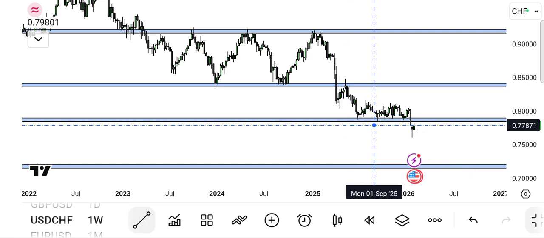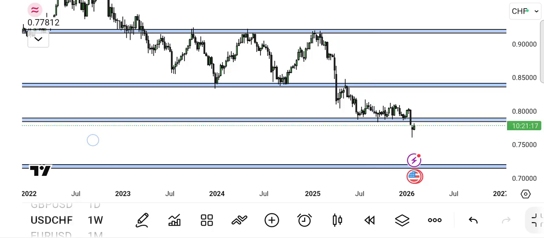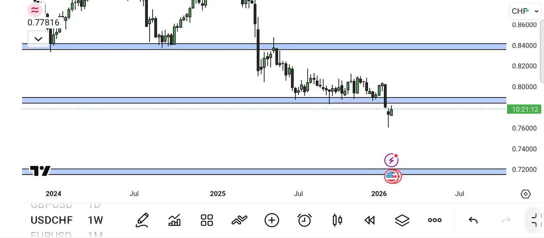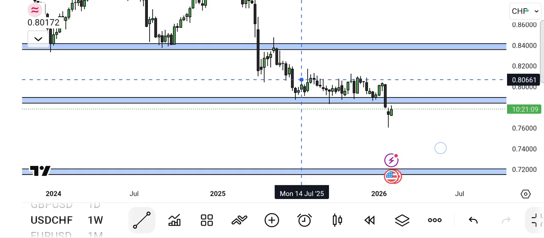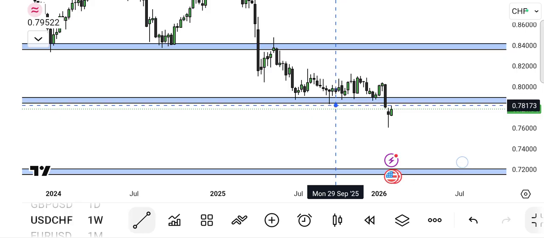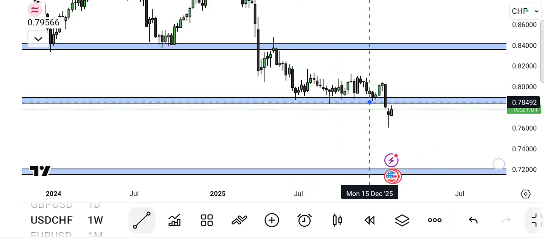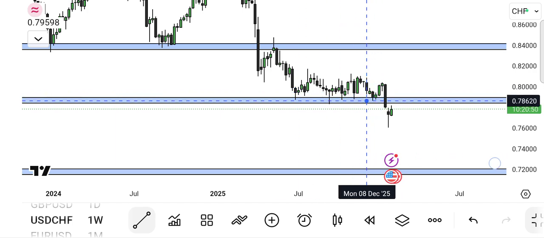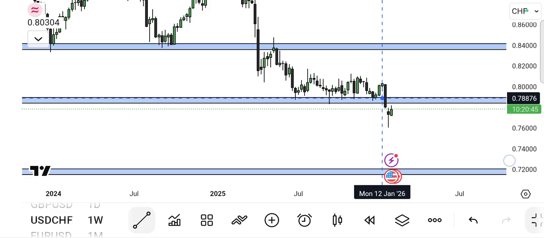Now, we are going to be looking for another reaction. You could see that the market created this small consolidation, showing one push. The market came here, pushed back down, came here. So the market has been trying to break this resistance zone for some months now, from the 30th of June 2025 till the 12th of January 2026.